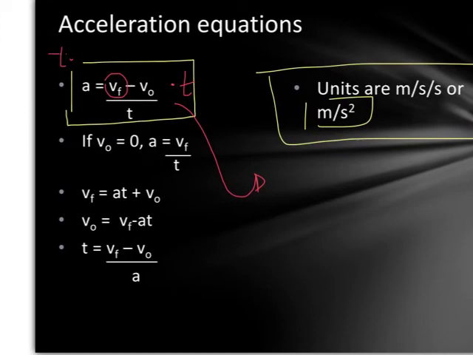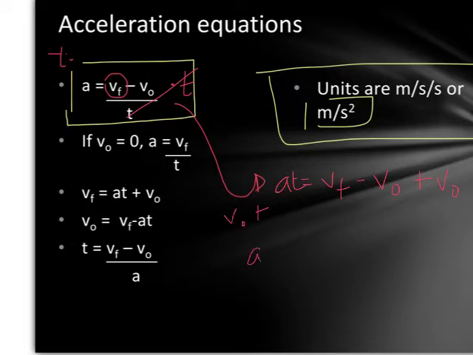Okay? So t over t gives you 1, so those cancel out. And we have at equals VF minus V naught. Alright, so now we are subtracting V naught, so the opposite of that would be adding V naught. Okay, so plus.